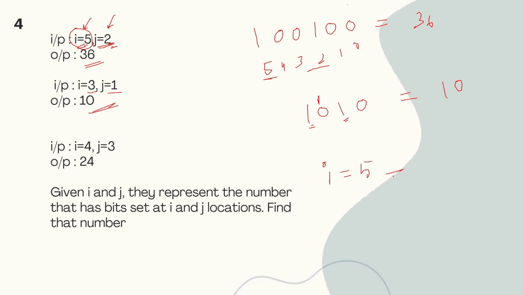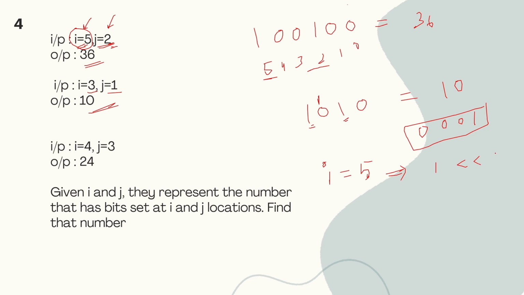I want you to solve this problem such that you will get your 1 at 5th position. Initially 1 is nothing but like this, right? This is the representation of 1. I want you to keep this 1 in 5th position. What you can do? The simple thing that you can do is you will left shift it 5 times.